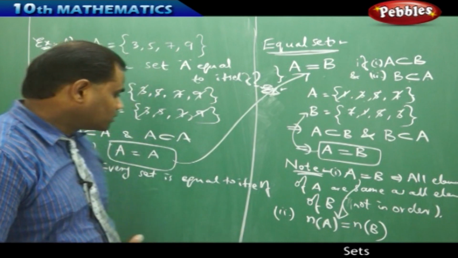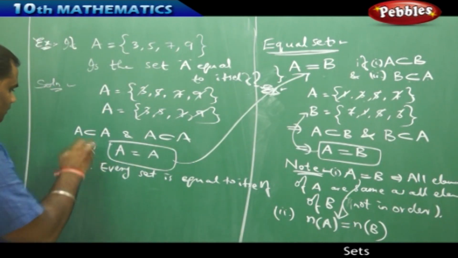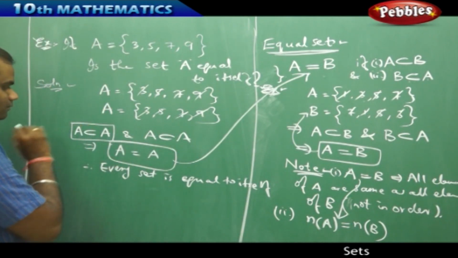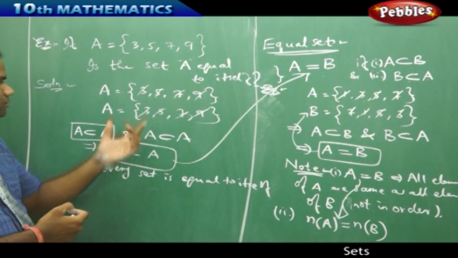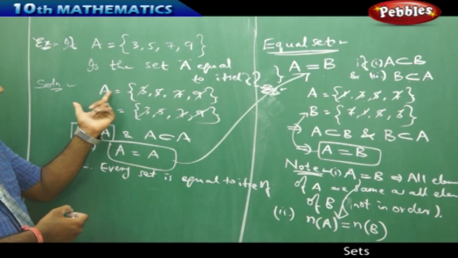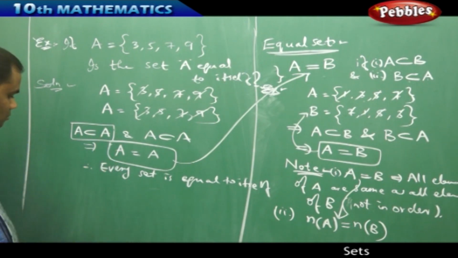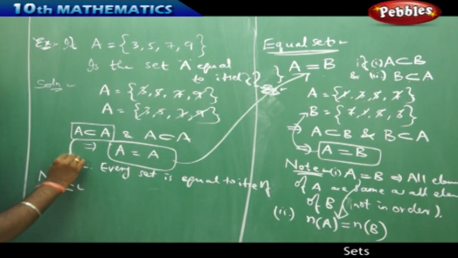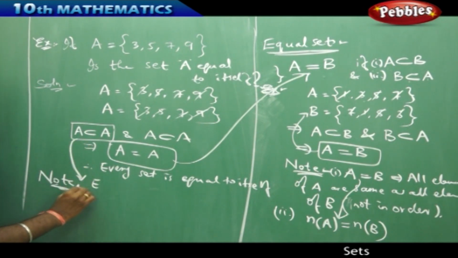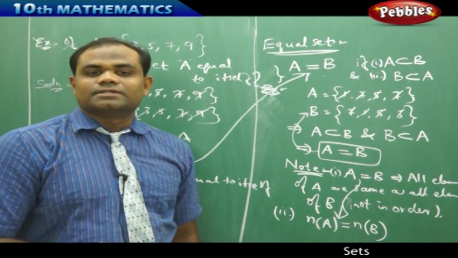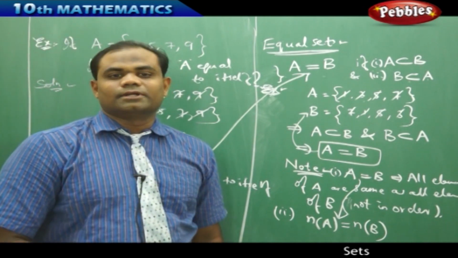Also, there's one important note which comes out here in the form of A is a subset of A. So you take any two sets which are the same, reconsider the set A, then obviously A will be a subset of A. From this property I understand that every set is a subset of itself. A very important property in mathematics.